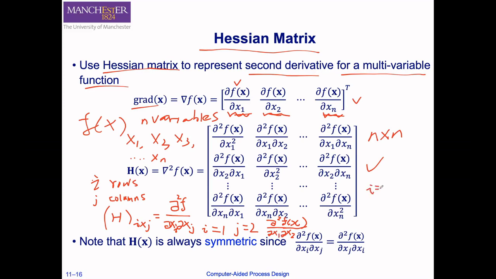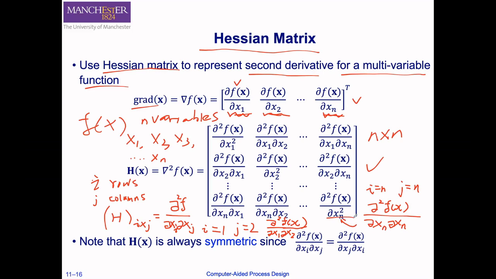When i is equal to n, j is equal to n, then we can get the entry in the nth row and the nth column of this matrix. That is the second partial derivative of f(x) with respect to xn first and then xn, which is the same as this term.